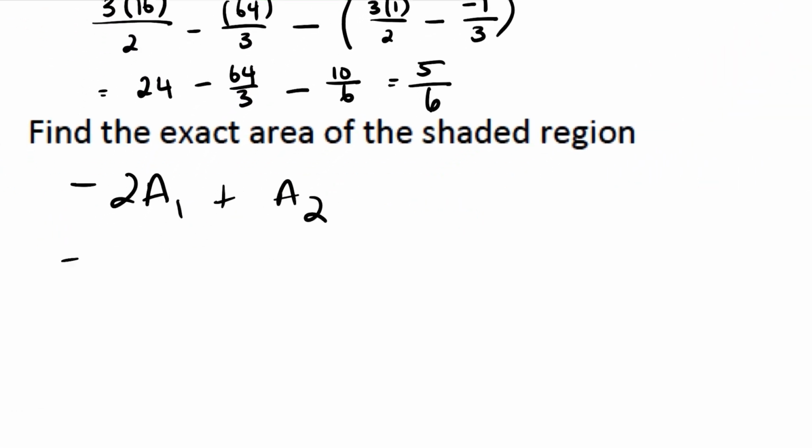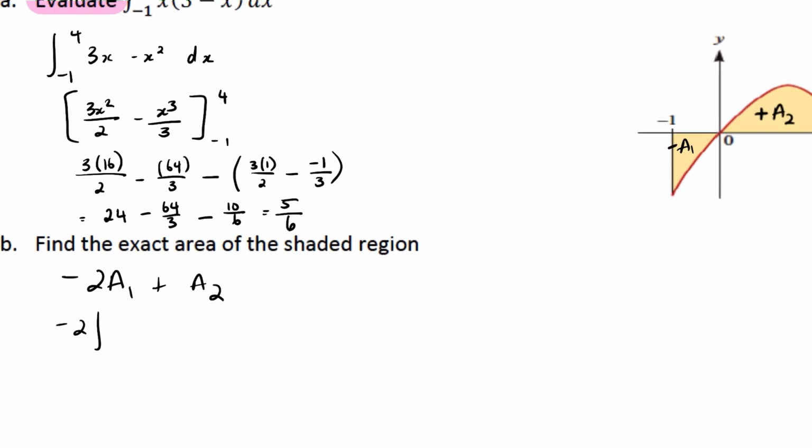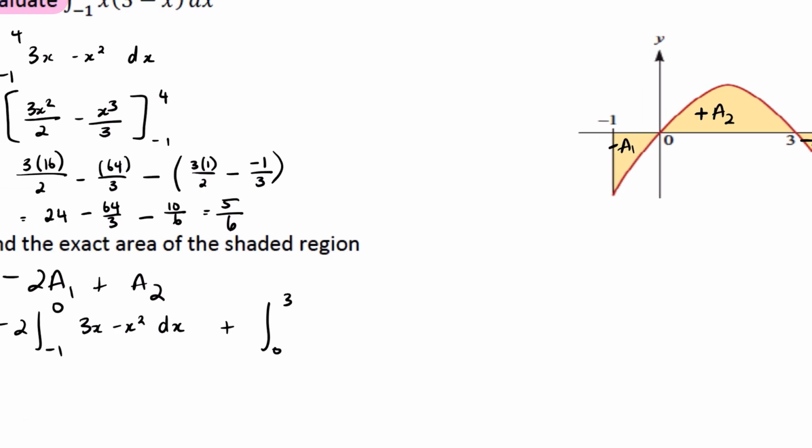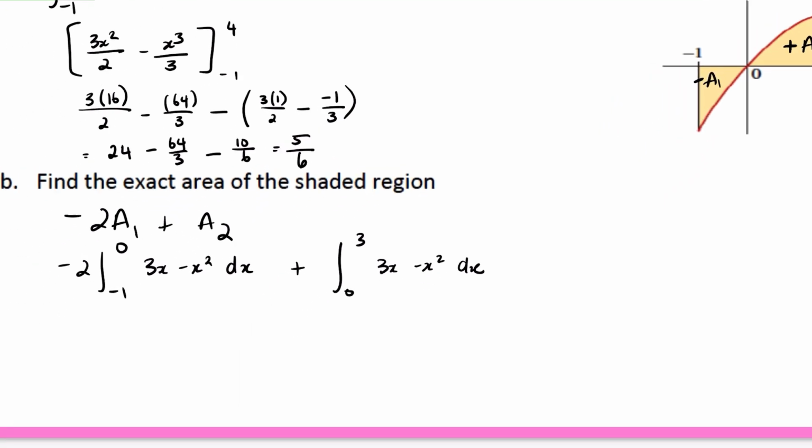So I'm going to end up with -2, and I'm going to integrate from -1 to 0 of my function, which is 3x minus x squared dx, plus, and then area 2 is from 0 to 3 of 3x minus x squared dx. All right, let's prepare for some wonderful fractions to pop up.